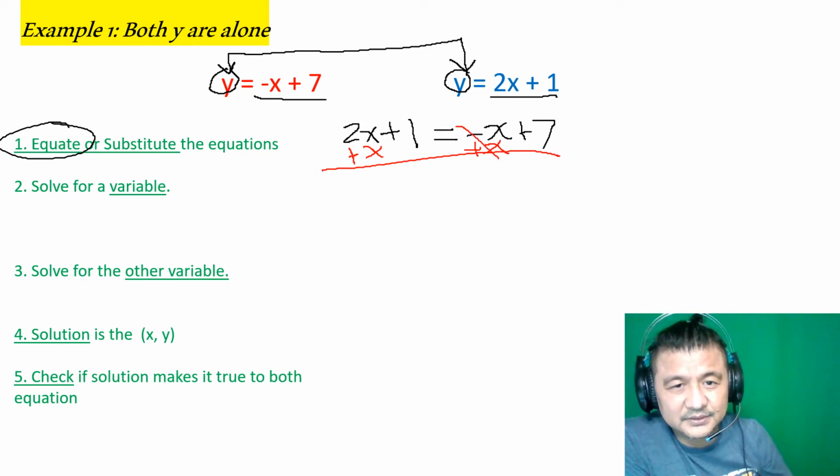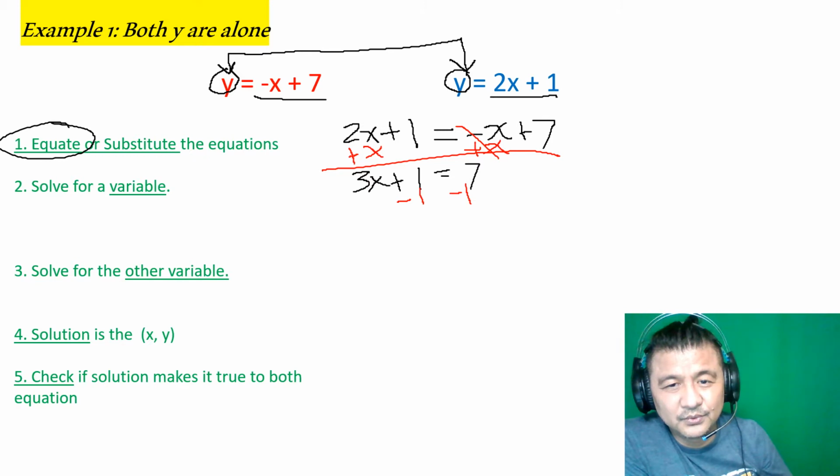This becomes 3x plus 1 equals 7. Next, minus 1, that cancels out. 3x is equal to 6. What's next? Divided by 3, divided by 3. X is equal to 2.